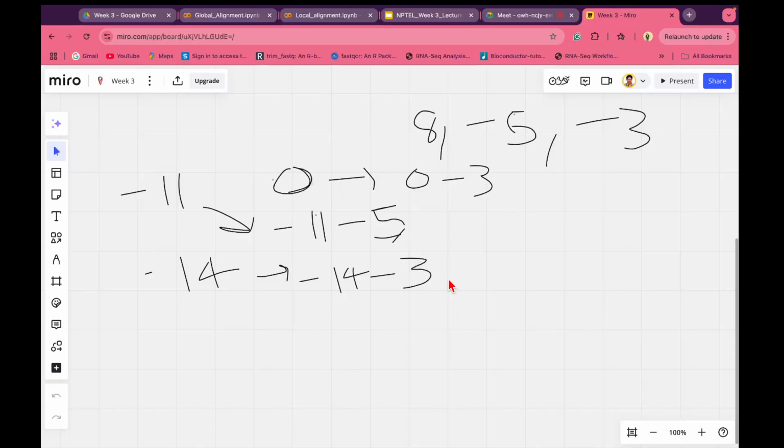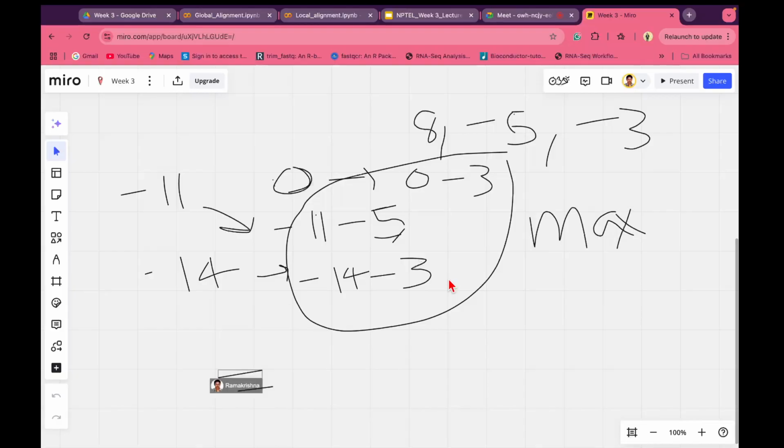The maximum of these three values is minus 3. This is how a scoring cell has been filled.